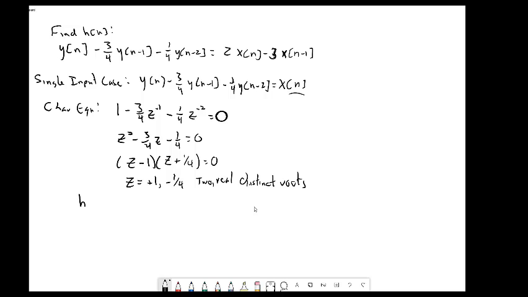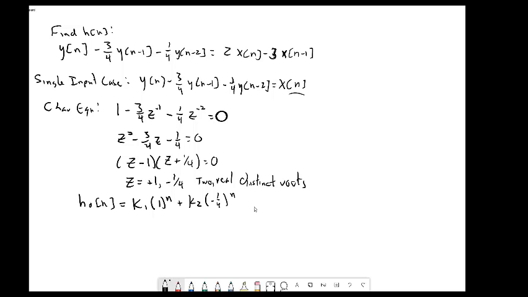And so our h0 of n, which is just the natural response, is going to be some unknown k1 times the first root, 1 to the n, and some k2 times the second root, minus 1/4 to the n.